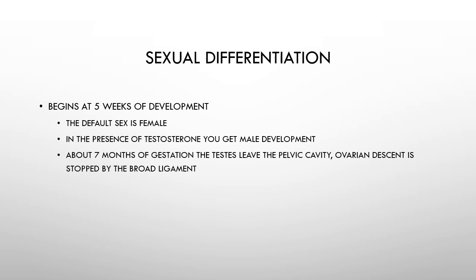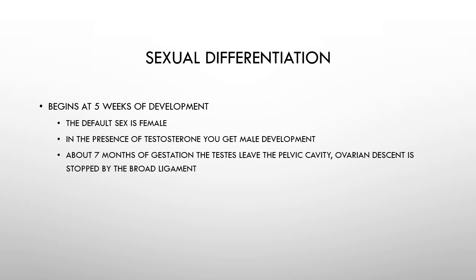In terms of male versus female, we've talked about this in terms of separating the two out. Differentiation between males and females, we talked about homologous types of tissues that we find between males and females. When it comes to differentiation, the component that is going to determine whether we are male or female is going to be the presence of testosterone.